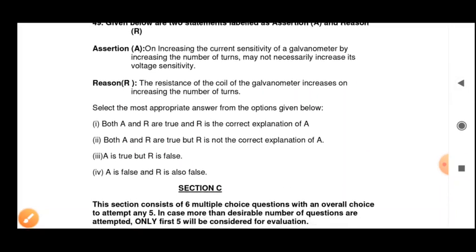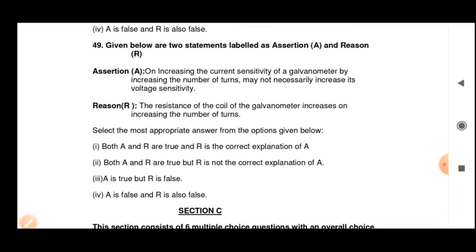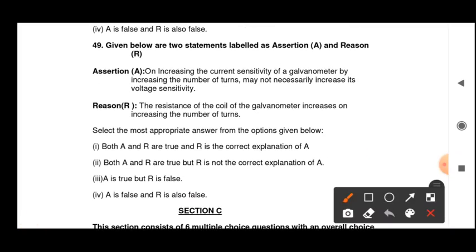One more question is given: increasing the current sensitivity of a galvanometer by increasing the number of turns may not necessarily increase its voltage sensitivity. The reason given is that the resistance of the coil of the galvanometer increases on increasing the number of turns.